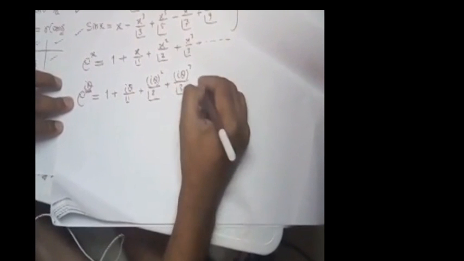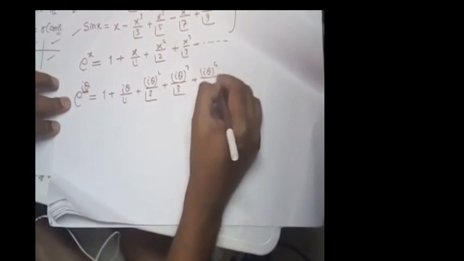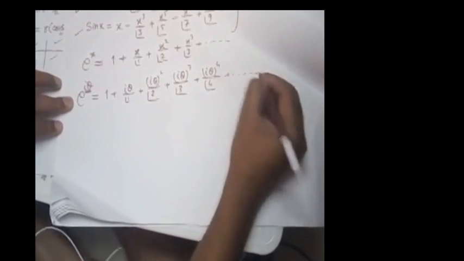So if we want to find e power i theta, if you consider this, then e power i theta will be 1 plus i theta by factorial 1 plus i theta square by factorial 2 plus i theta power 3 by factorial 3 plus i theta power 4 by factorial 4 and so on.